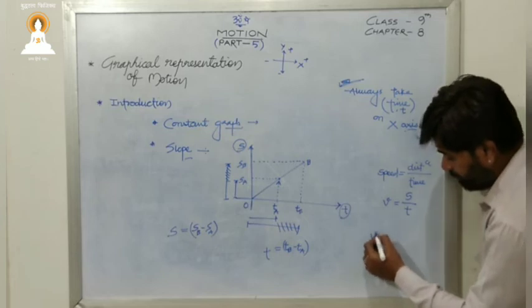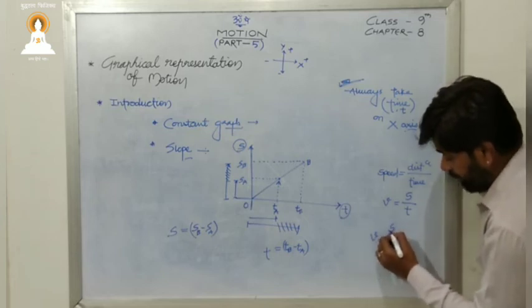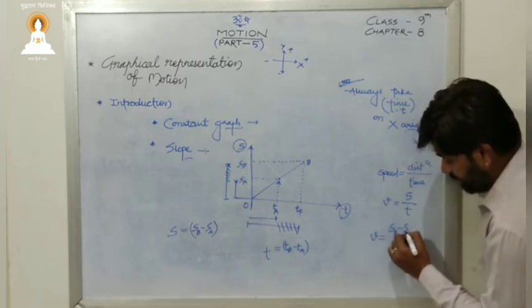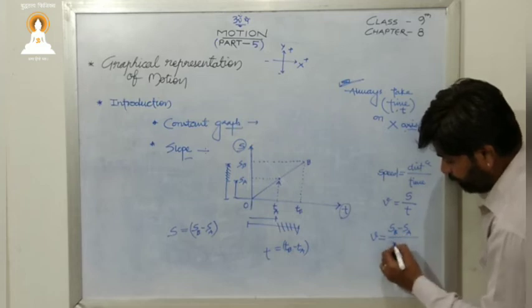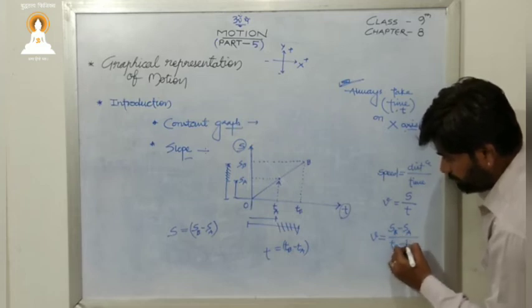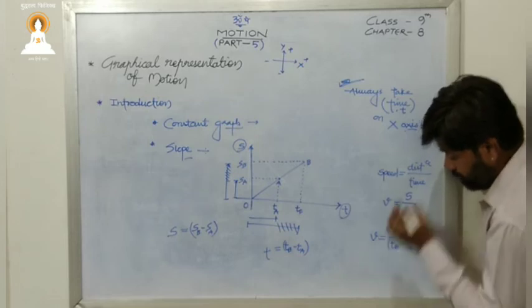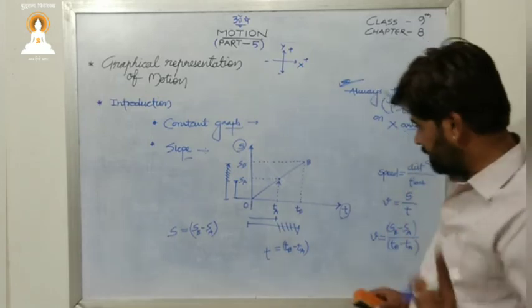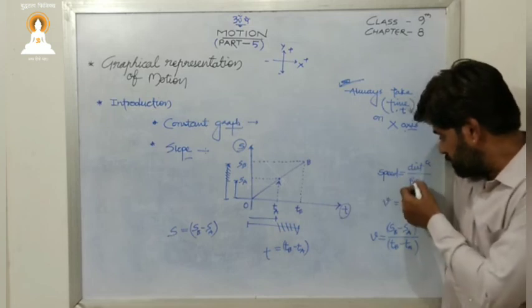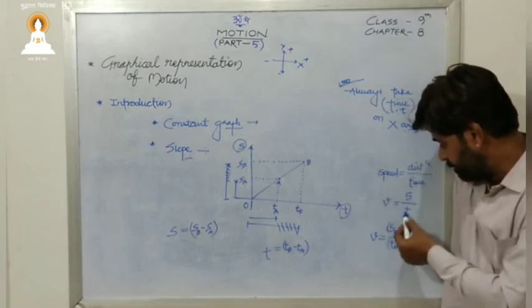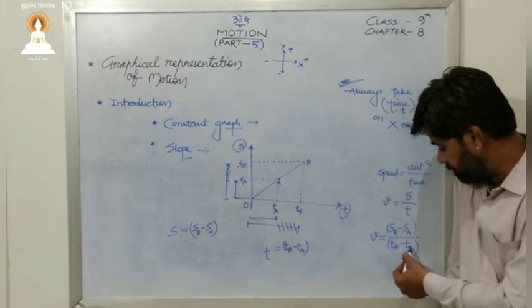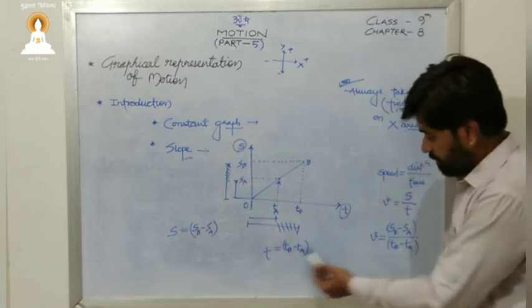So speed will be SB minus SA upon TB minus TA. Listen carefully. Speed is equal to distance upon time, that is S upon T, that is SB minus SA upon TB minus TA. I have taken these values.